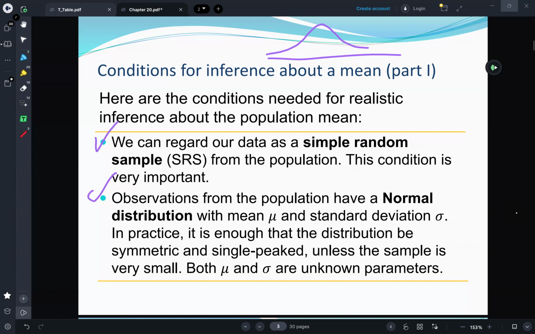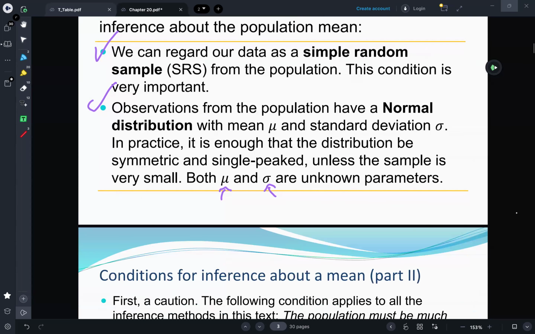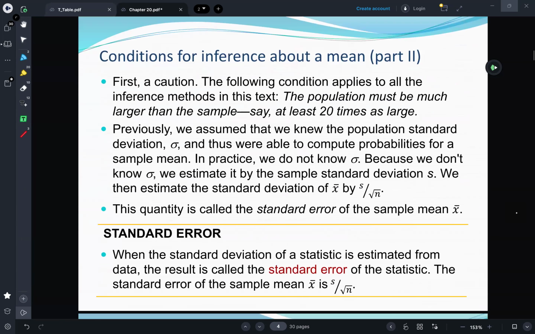Both mu and sigma, so these are the population mean and the population standard deviation, in this chapter are both unknown, where previously only the mean was unknown. We were trying to estimate the mean. Here we are estimating the mean as well, but we're doing it with an unknown standard deviation. And so how can we do that?